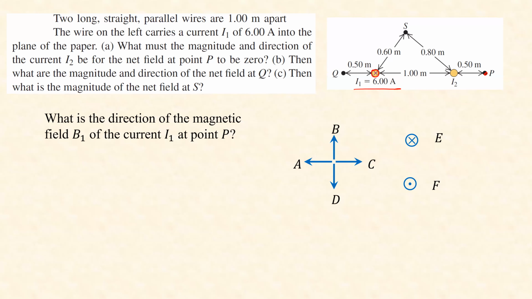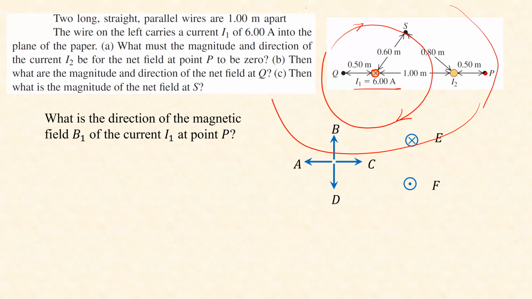So if you put your thumb in that direction, you see that the field is circulating like this, right? So at any point it's circulating like this. So at this point, and at any point, it is tangent to that. So at this point the tangent will be this way.